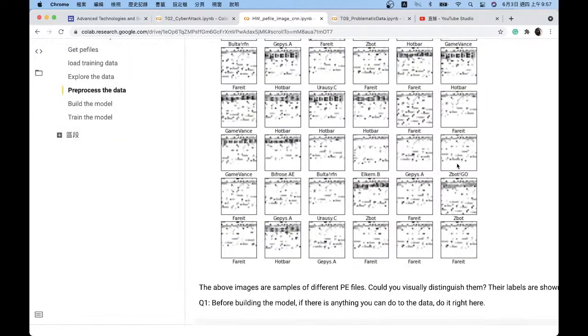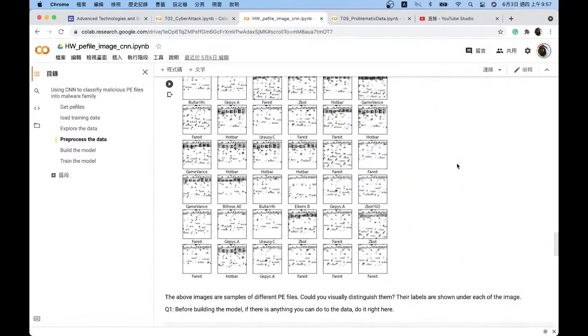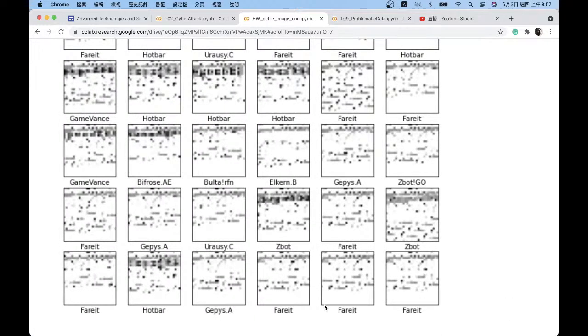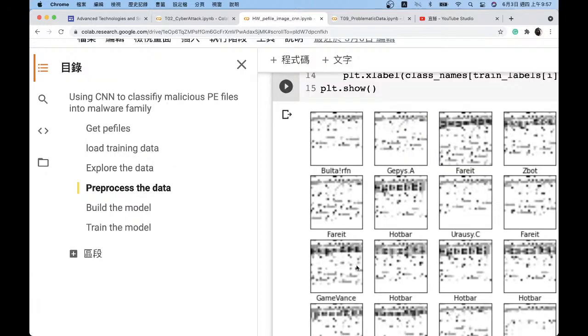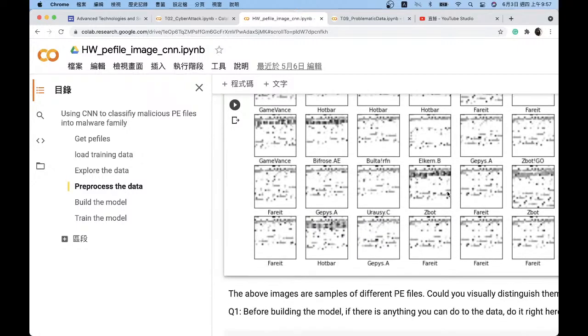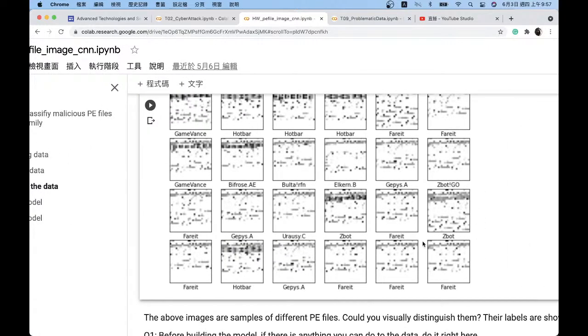So it seems truly that some patterns exist in these PE files. And we can see, for example again, for this Ferret, there's a diagonal line.